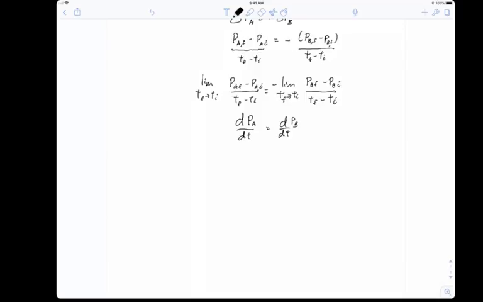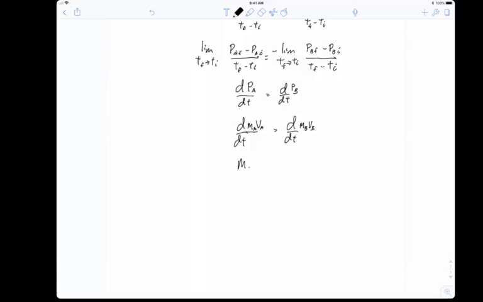And this corresponds to the object's mass times velocity, MV. The object's mass can't change, but their velocities can. So this becomes MA d by dt VA. And wait, there's a minus sign here, I forgot.